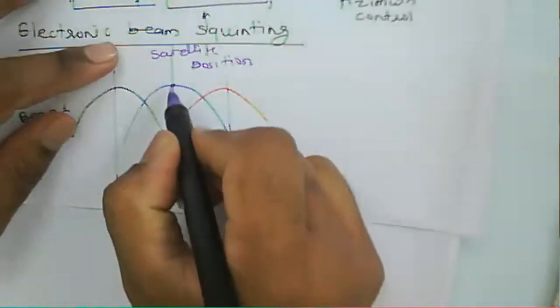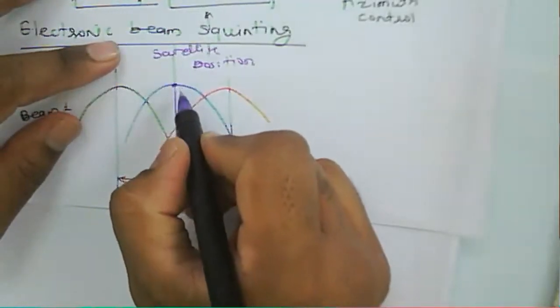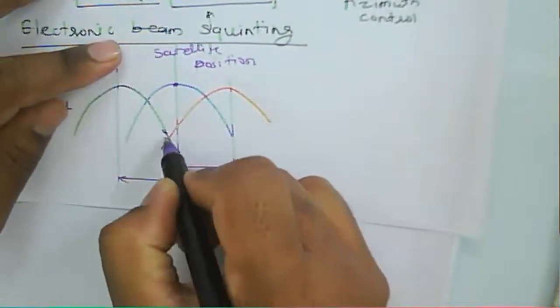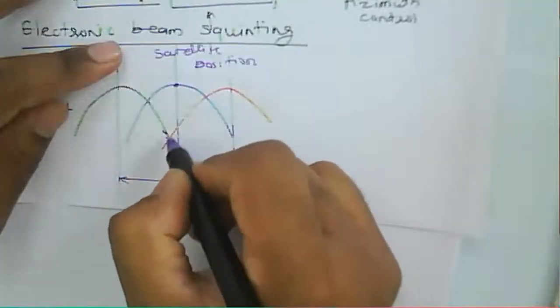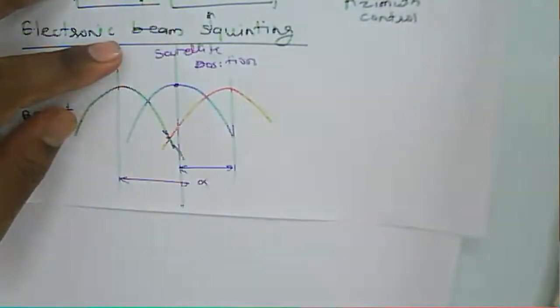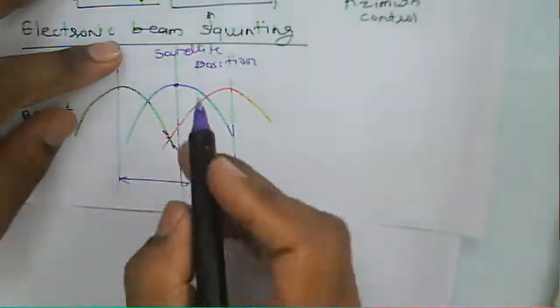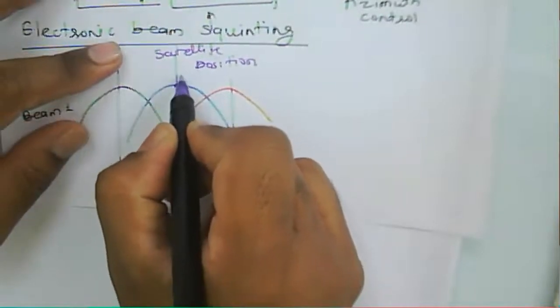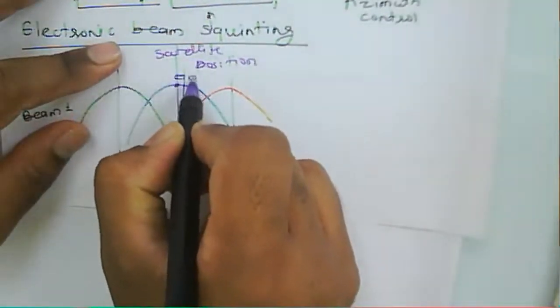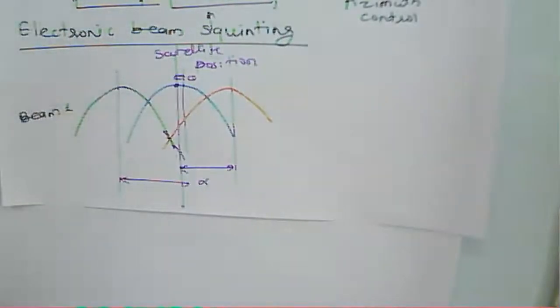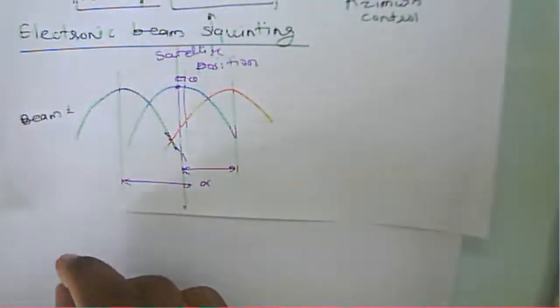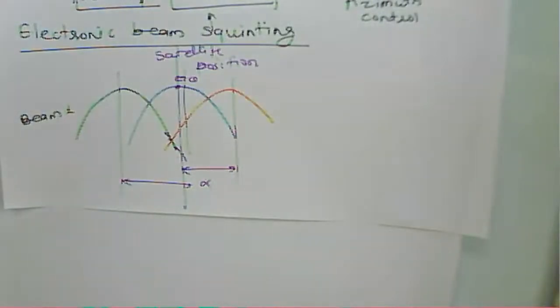And for this particular main axis, we can see that the satellite position is varying. And if there is a small variation in the position, that is the theta here, and that theta is to be obtained here.